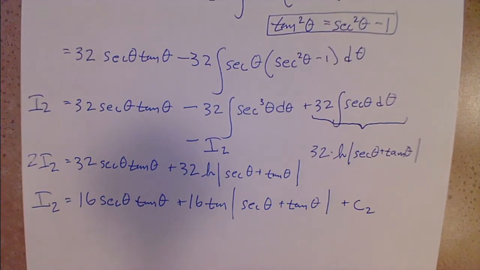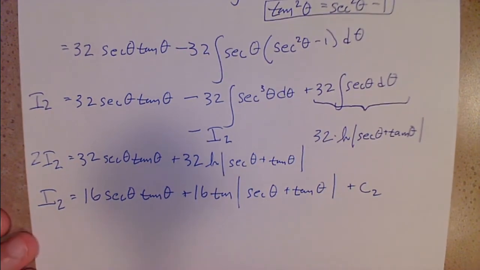So the whole integral that I've been trying to solve this whole time is I1 plus I2. And so the integral at hand has an answer, because I'm actually done with all of my integration.